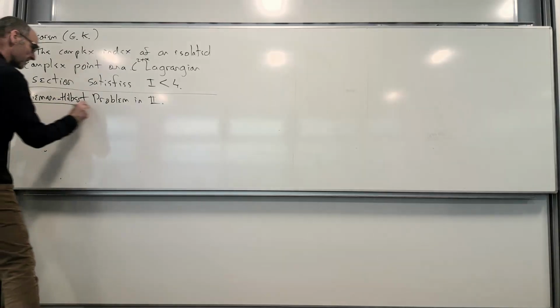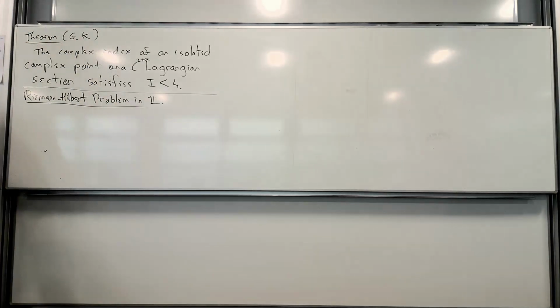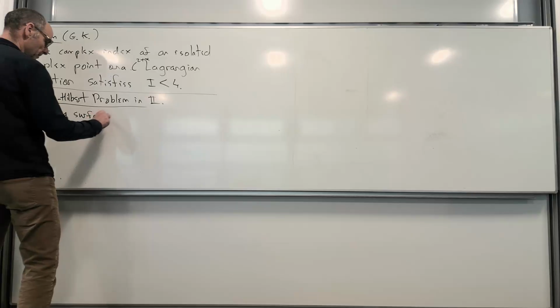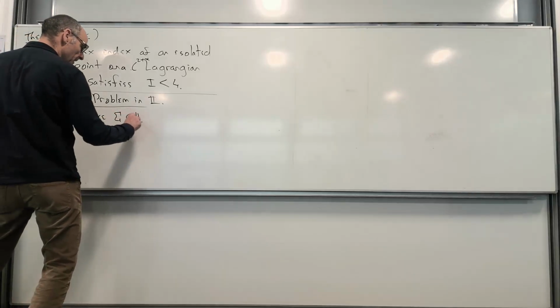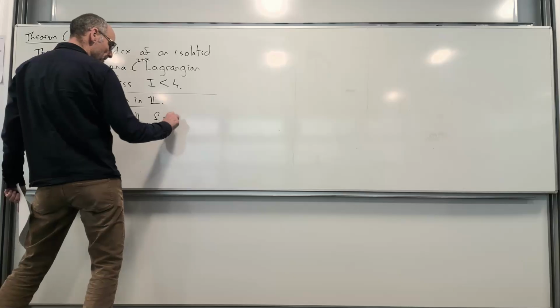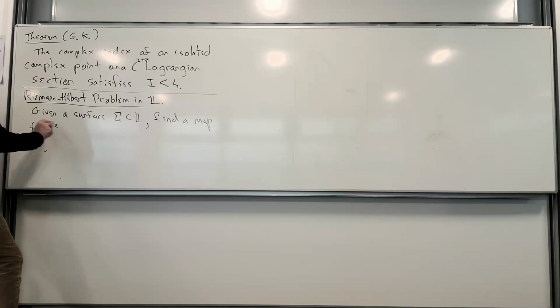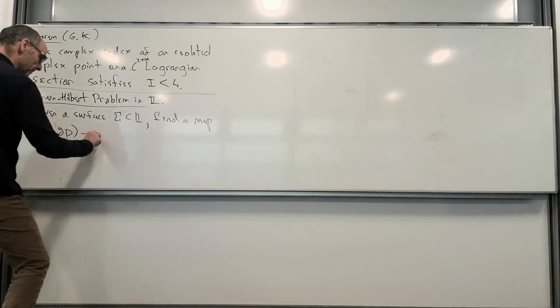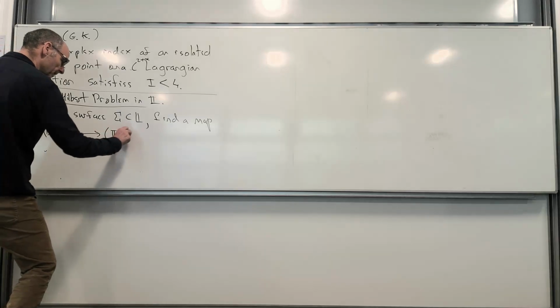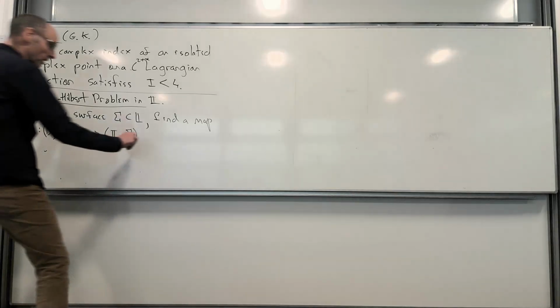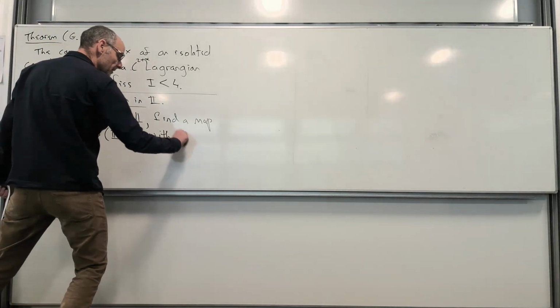So the idea is, I'll just state it as a kind of problem, and then I'll give you some results. Given a surface, we'll just start with any surface initially, but some restrictions eventually. The idea is to find a map F which goes from the disk, the standard two disk, and its boundary, and maps it into this four manifold, and you want the boundary to lie on this surface, and you want it to be holomorphic.